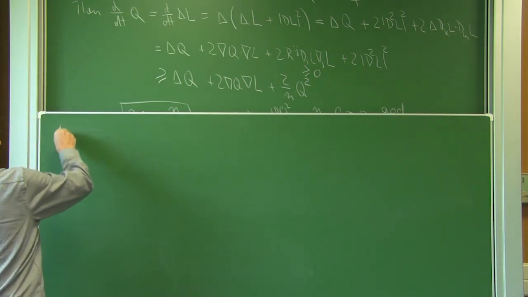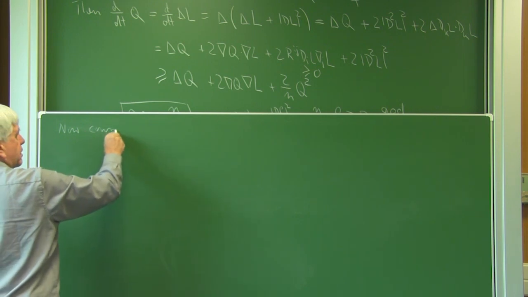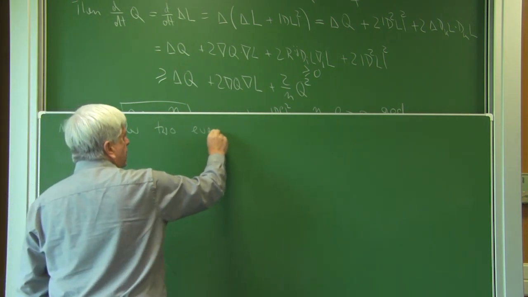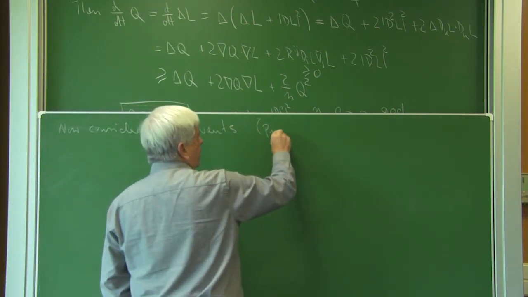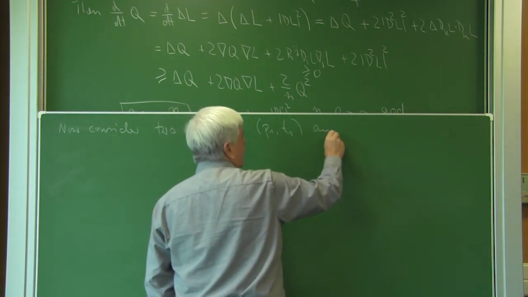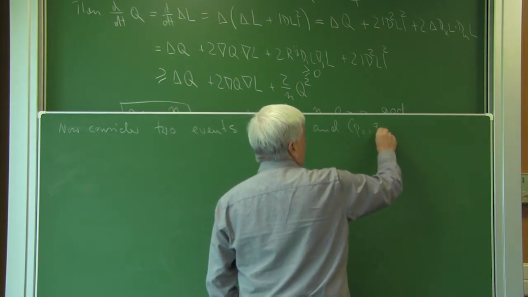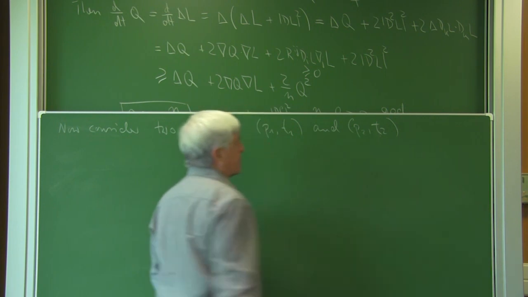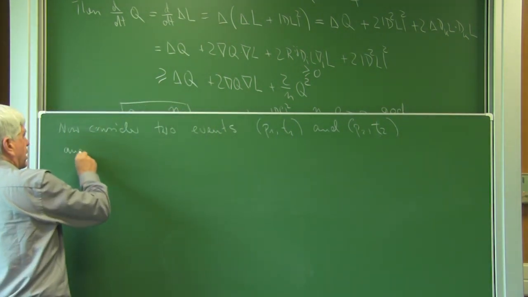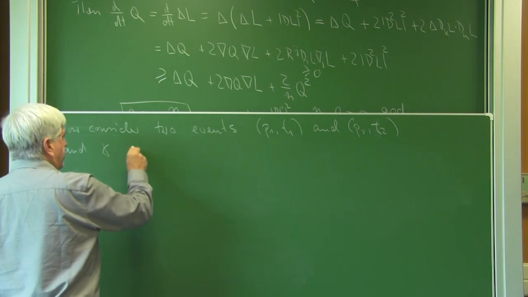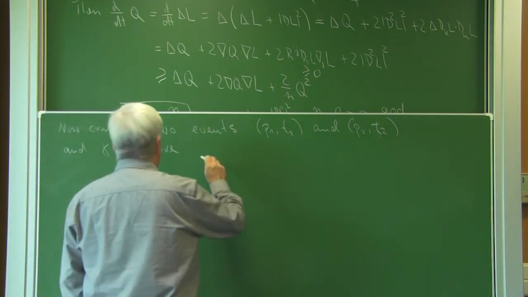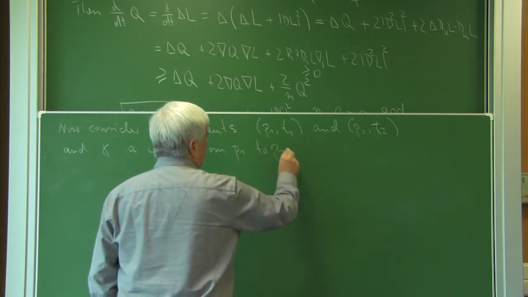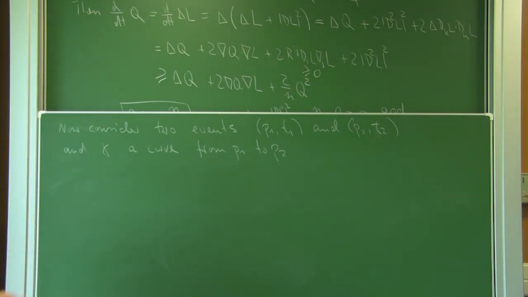So now consider two events, P1, T1, and P2, T2 in space-time, and a curve gamma from P1 to P2, also parameterized by time.